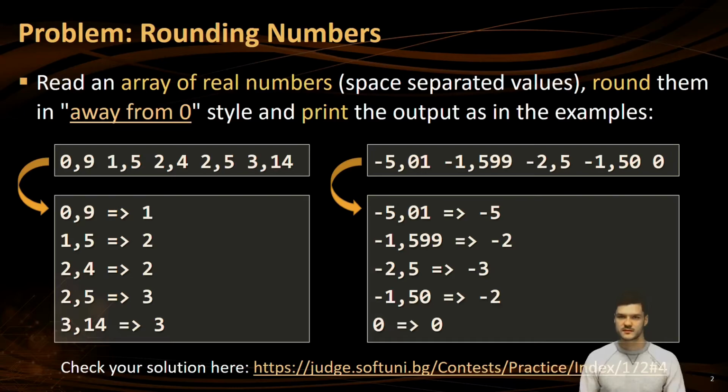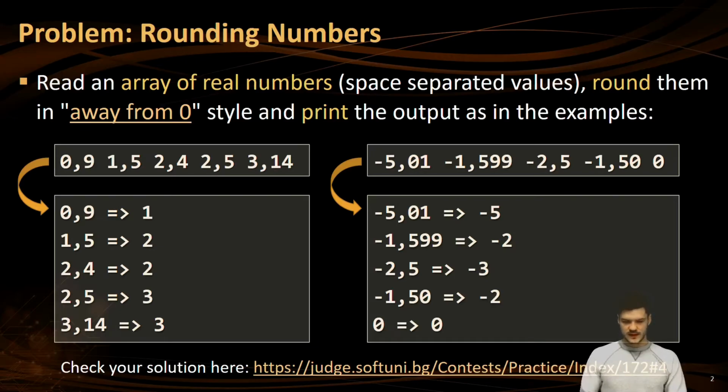This means that we have to read an array from a single line on the console, and we have to round them in away from zero style and print the output as in the examples. If you don't know what away from zero style is, don't worry, because we have a built-in function inside C#, and this is not really important. You can do your research, but don't worry if you don't know it.